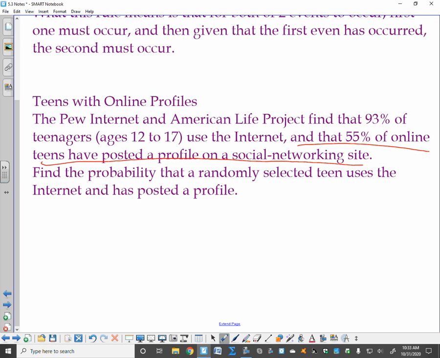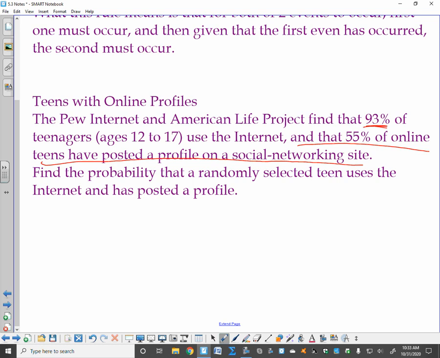That means that 55% is the probability that you have posted a profile given that you're online. Only 93% of us are online. Us, like I'm a teenager. So only 93% of the teenagers are online. Of those 93%, 55% have posted an online profile. The 55% is not out of 100% of teenagers.